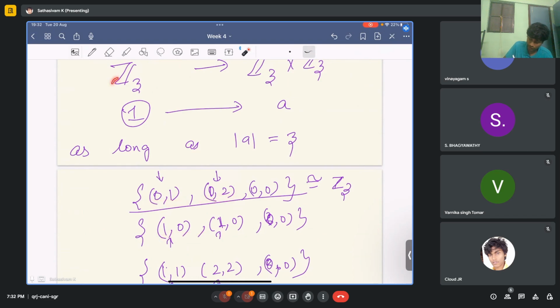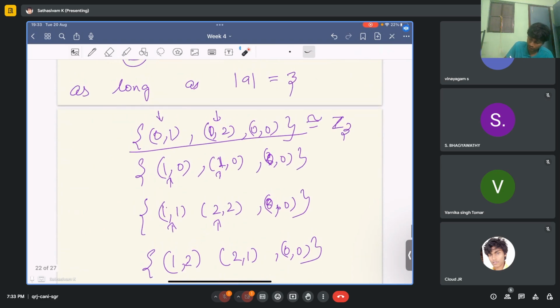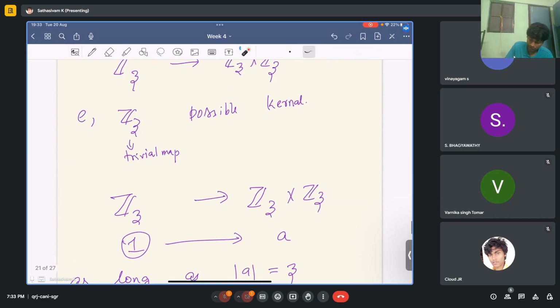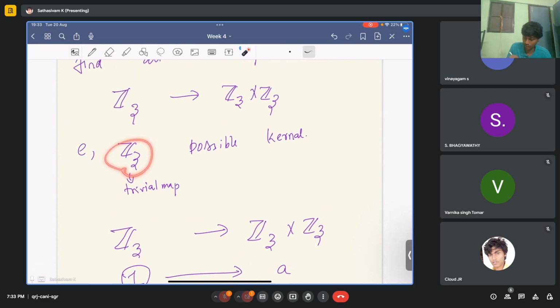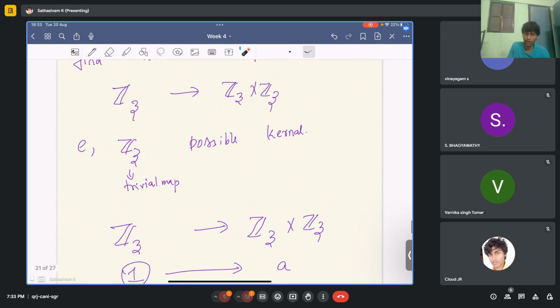If this Z3 is sitting inside like this, then the possible maps could be this or this. Both these maps make this Z3 come inside this subgroup. Similarly, you can see for the other four. So there are 8 homomorphisms from here, 2, 2, 2, 2, and there is a trivial one. Basically, there are 9 homomorphisms.